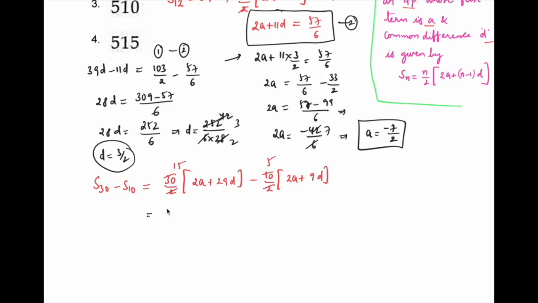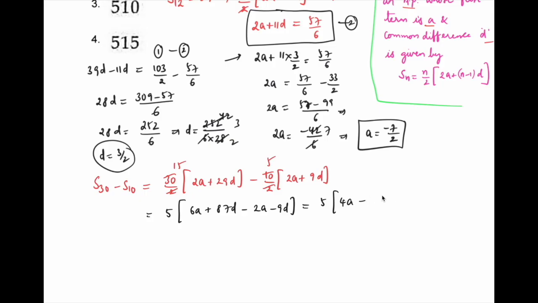So I can take 5 common, so that 3 times 2a, that is 6a, and 3 times 29, that is 87d, minus (2a plus 9d), which is equal to 5 times (6a minus 2a is 4a, and 87 minus 9).